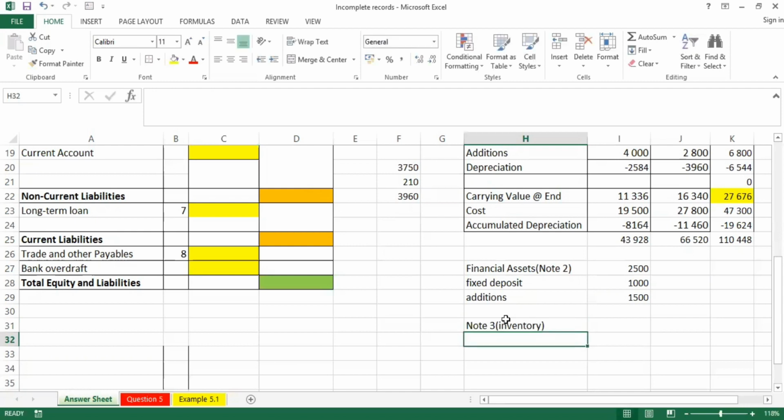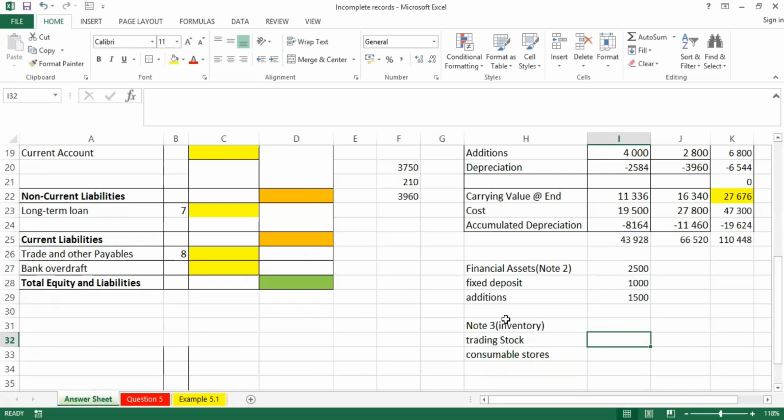So we know that our inventory consists of our trading stock, and then maybe our consumable stores. Okay, so trading stock, which is our balance at the end.